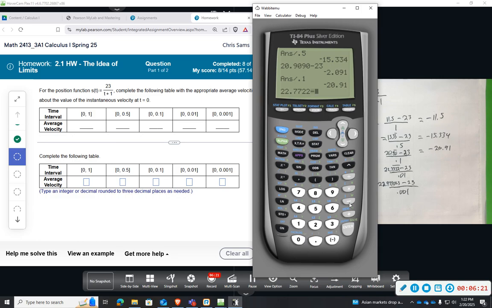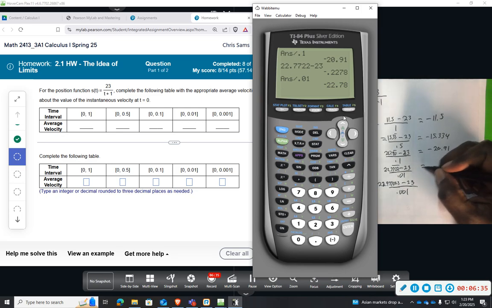We're going to subtract 23, and we're going to divide by 0.01. That gives us negative 22.78.